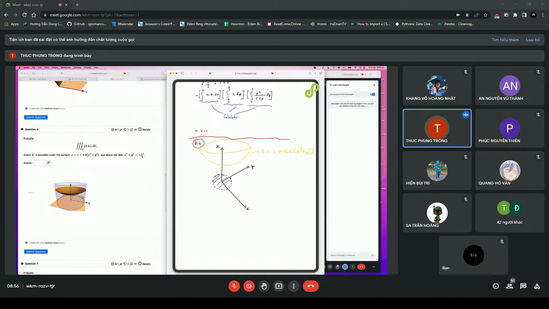So this guy is the disk. It's right on the plane xy. It's the disk of radius 1.5, centered at the origin. So let's see what we have for the solid E. Anything below the paraboloid, but above the disk. So you know exactly what it is, right? So it's right here.